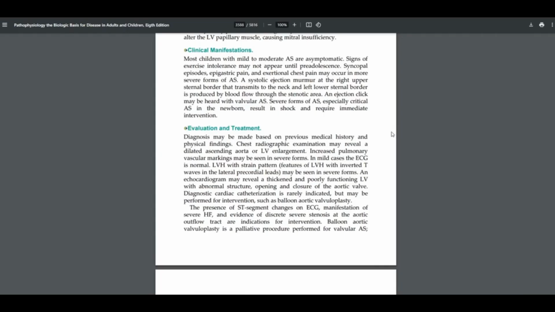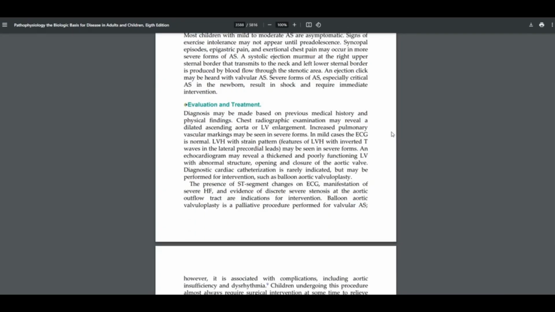In more severe forms of aortic stenosis, a systolic ejection murmur at the right upper sternal border that transmits to the neck and left lower sternal border is produced by blood flow through the stenotic area. An ejection click may be heard with valvular aortic stenosis. Severe forms of aortic stenosis, especially critical aortic stenosis in the newborn, result in shock and require immediate intervention.